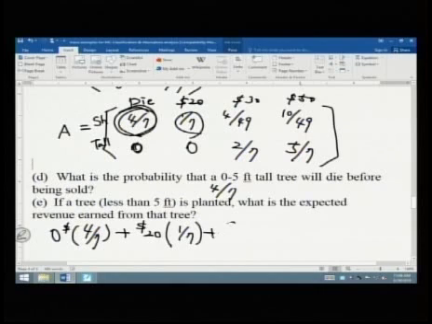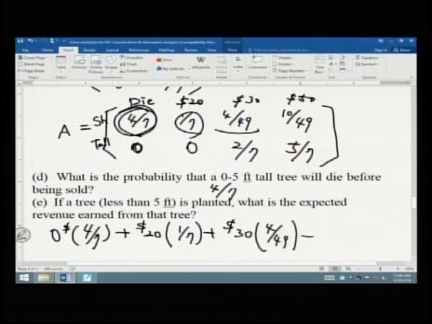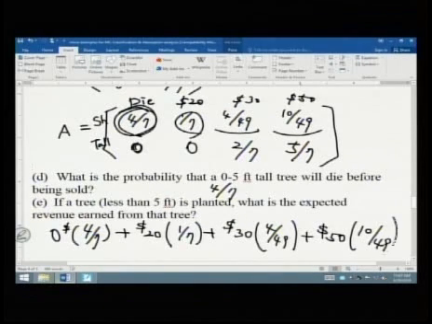So continue that. That's 4 over 49 plus $50 times 10 over 49. Okay? This will give you the expected revenue. For sure. Okay? Any questions?